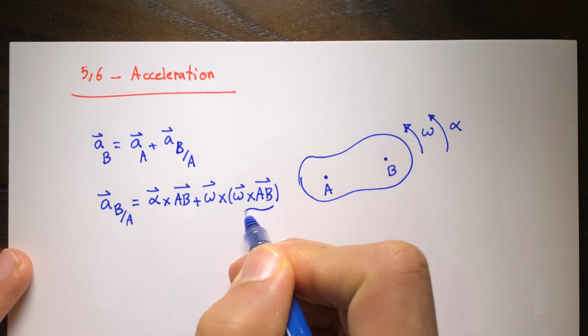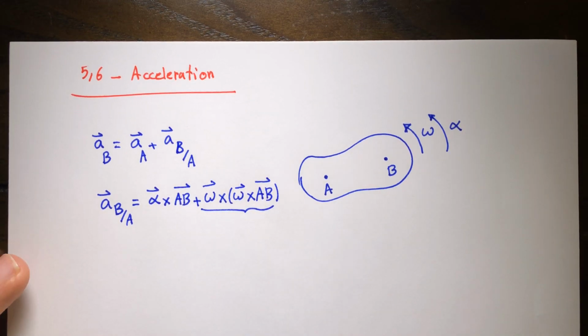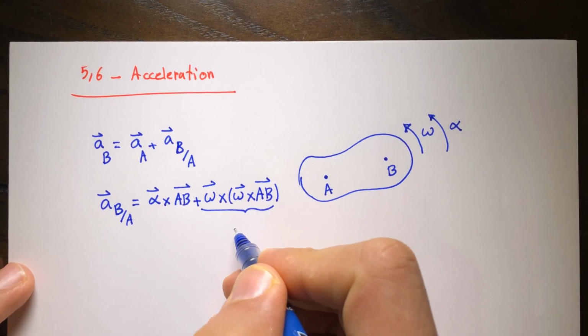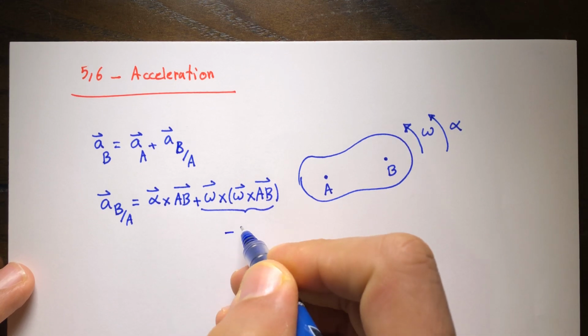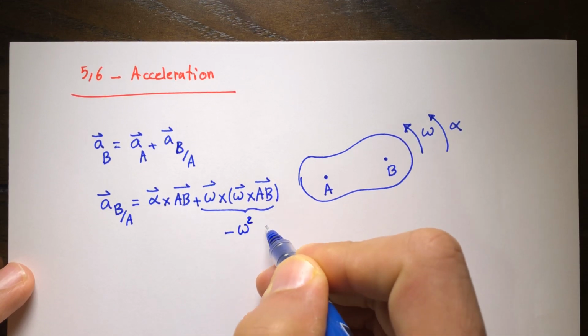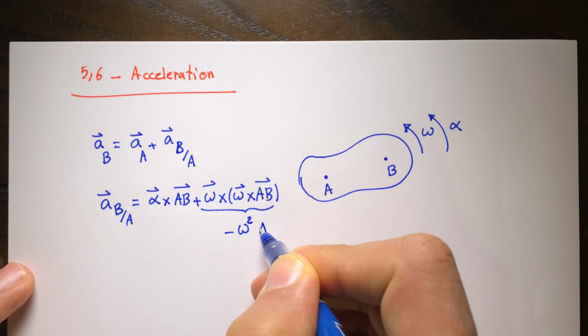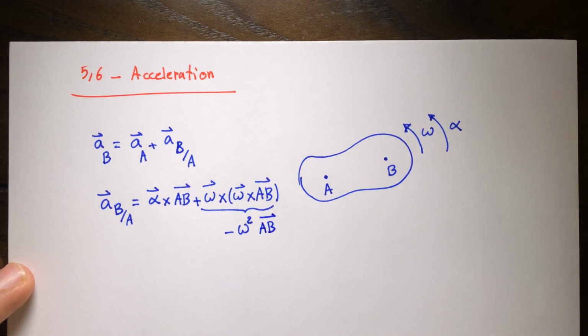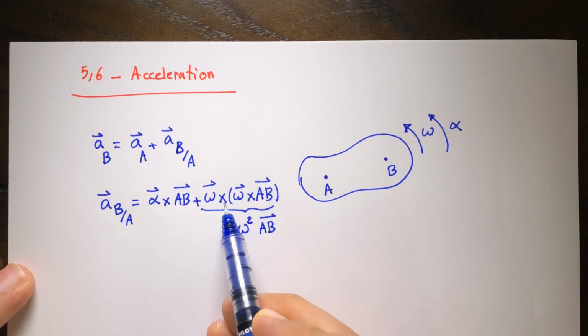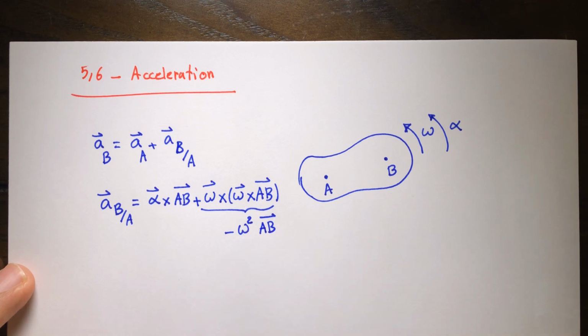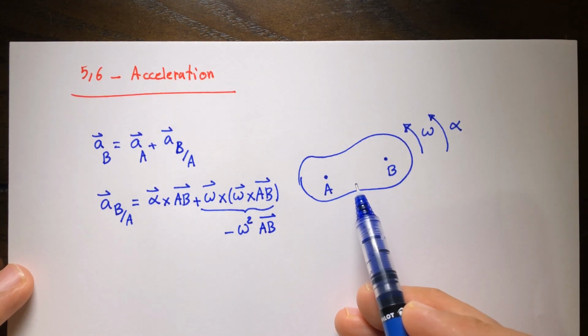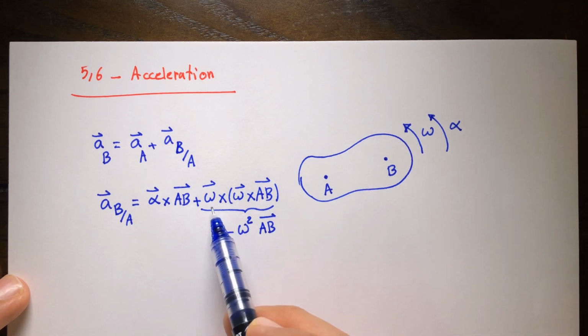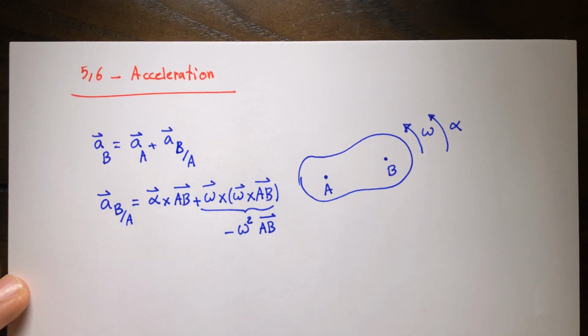And we said this part, which has two cross products, you can replace it simply with negative omega squared times r as a vector, which is AB here. Instead of doing these two cross products, we can prove that's equal to this, as long as our rigid body is moving in a plane.